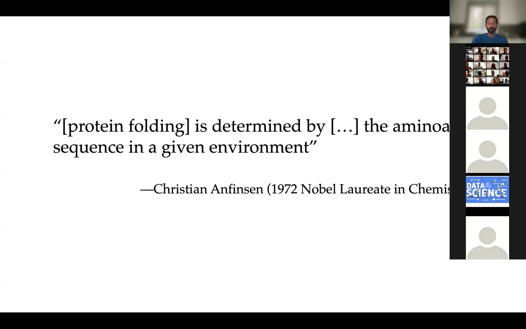And this postulate was exploited for nearly 50 years with entire competitions that were established, similarly to competitions that are used in computer vision and machine learning, to try to improve the prediction of the structure of a protein given an amino acid sequence.